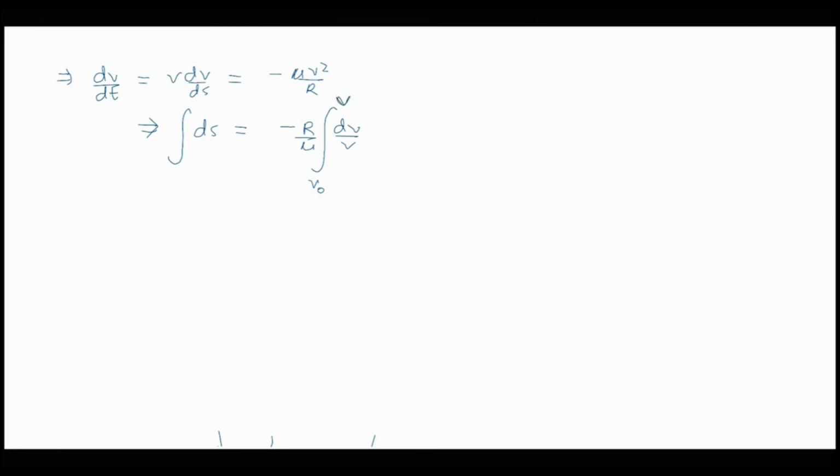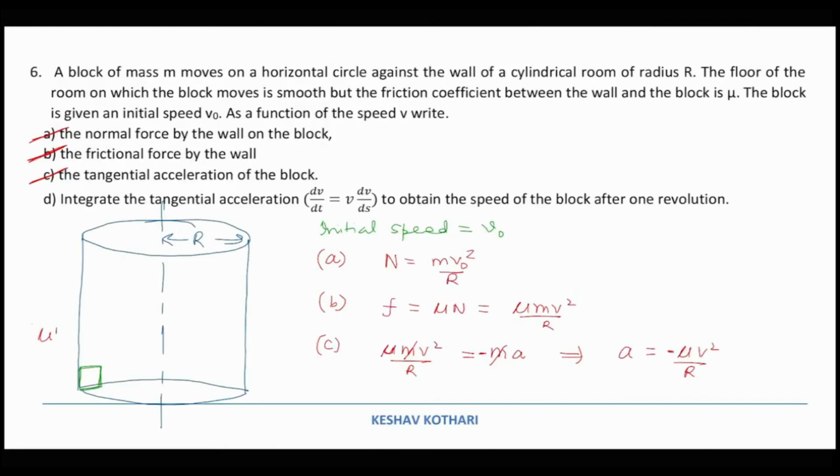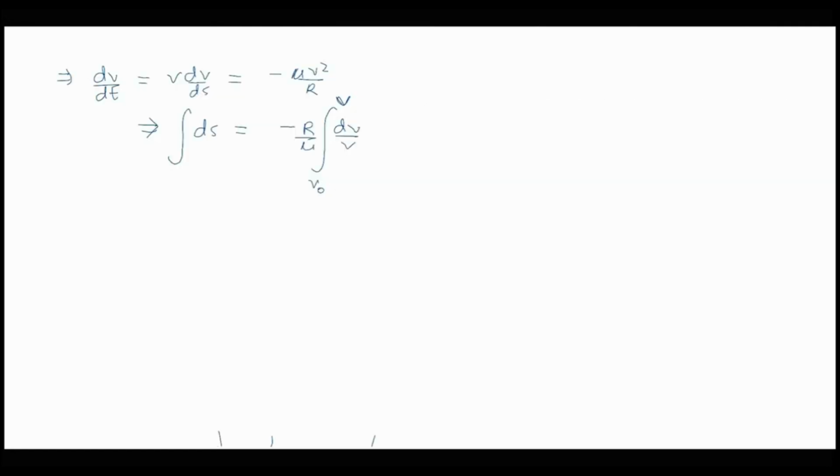We are asked to calculate the speed of the block after one revolution. For the displacement, initially it was 0 and finally it will be s. So I can write s is equal to minus r by mu ln of v by v0. This is what we obtain from here.